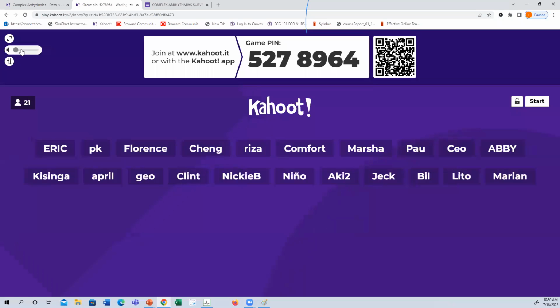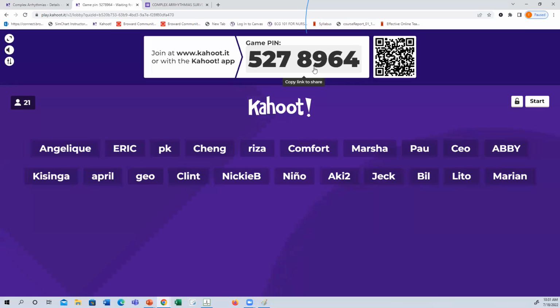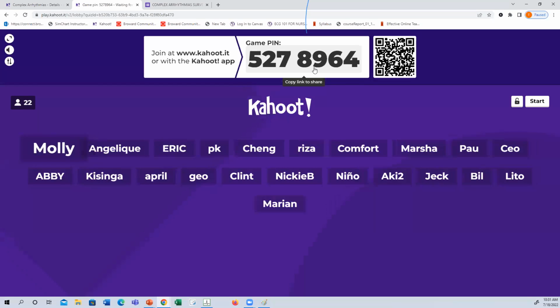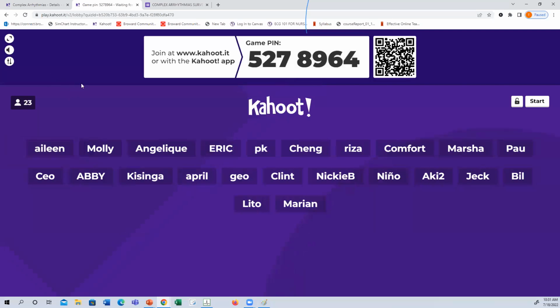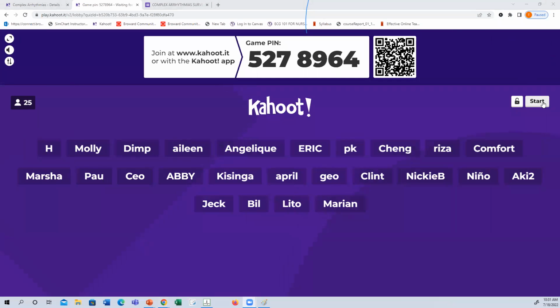For the others, you could actually join again once you are able to log into kahoot.it and type in the PIN number as shown above. It will also be shown on all the slides. All right, so in the interest of time, let's go ahead and get started. For those who are able to join, let's go ahead and begin.